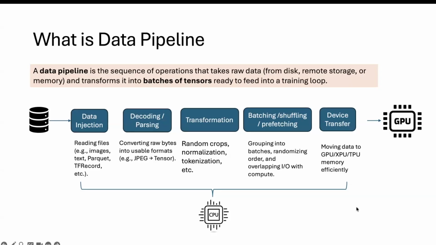But of course, today what we'll focus on is a narrower scope. We assume that you already have the data stored somewhere, that you have finished the deduplication, cleaning, etc. Now all the data is sitting on the storage space, and we want to load that data, process it, transform it, and eventually transfer it to the GPU for training, right?